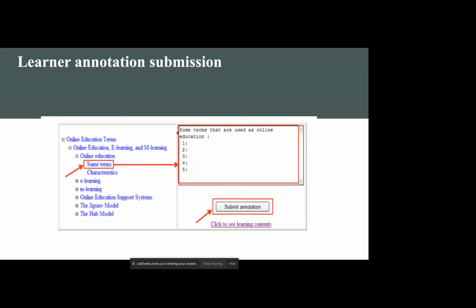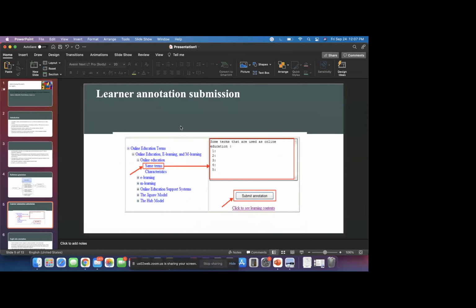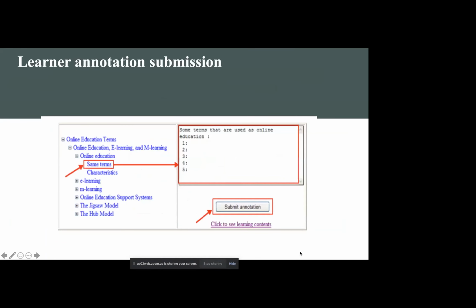Well, coming to the learner annotation, when we finished studying a certain topic, we have the topic analysis, and we get to know the topic understanding, and we have some kind of summarization in our mind.